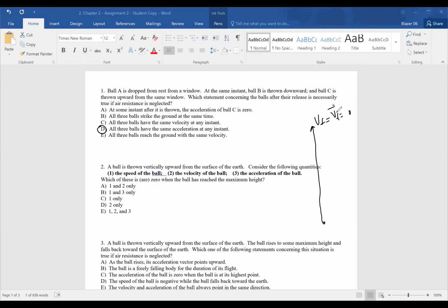What is not 0 is the acceleration, because the acceleration is always constant, 9.8 meters per second squared. So my answer is the speed and the velocity. That would be 1 and 2 only. Those will be 0 when the ball has reached its maximum height.